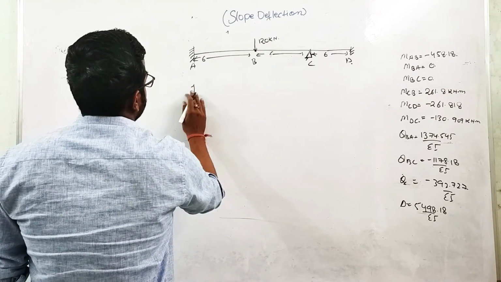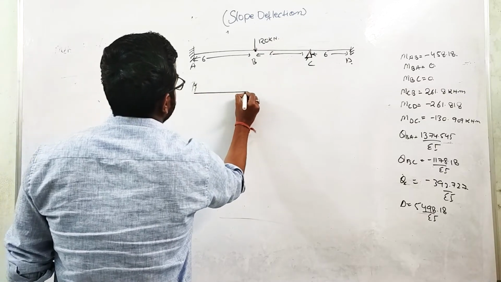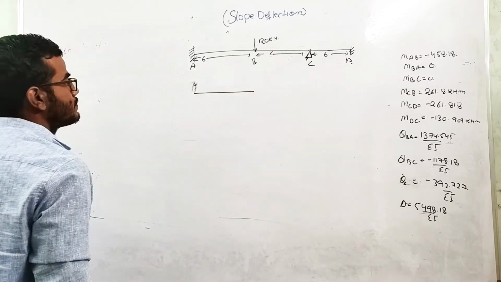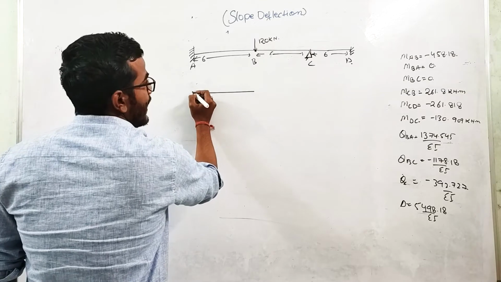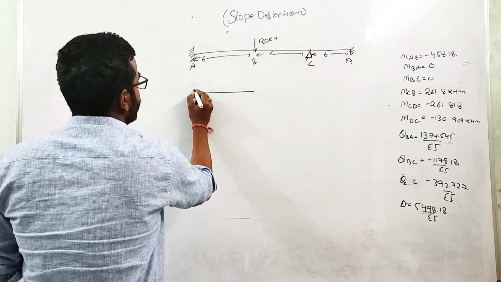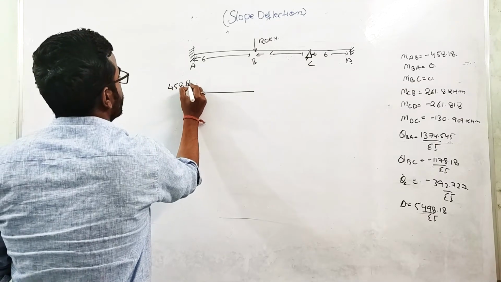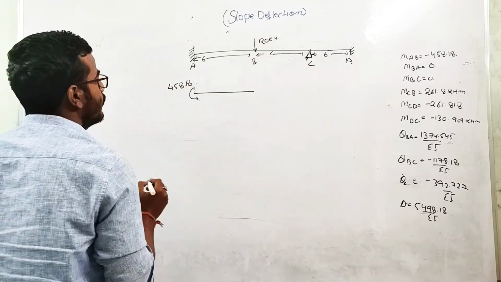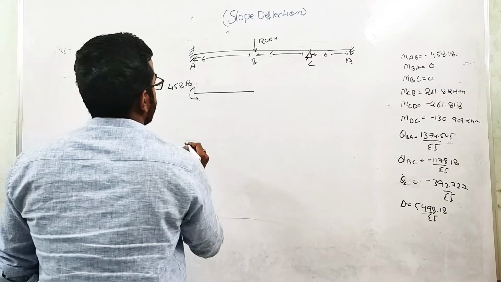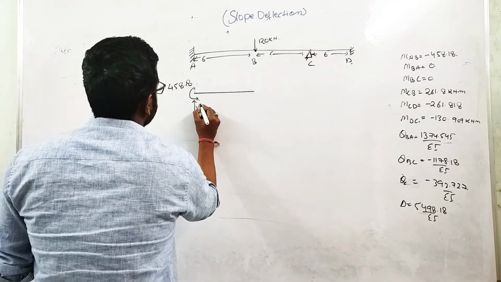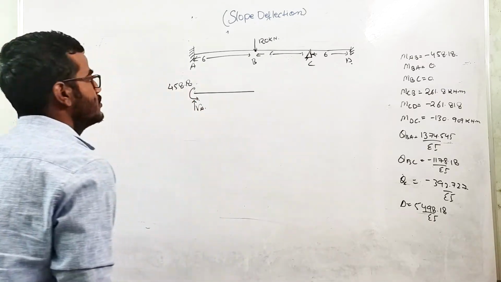At AB, I'm getting this moment in the anti-clockwise direction. The value is minus 458.18, okay? And I will have some vertical reaction VA at this point.